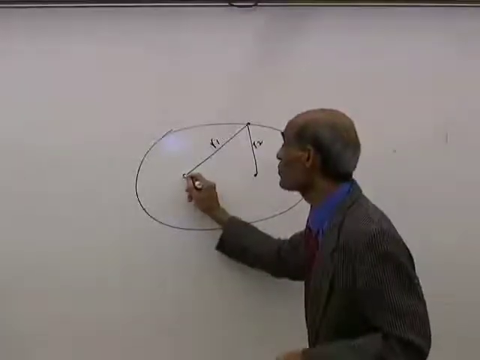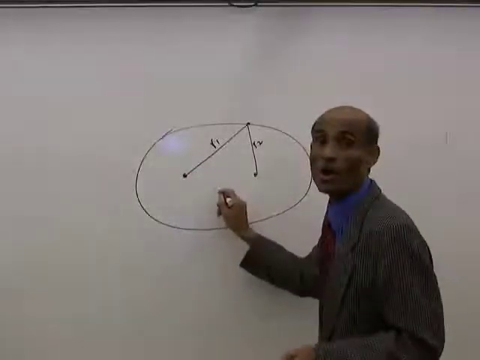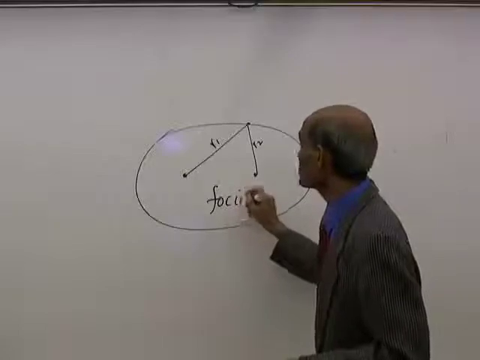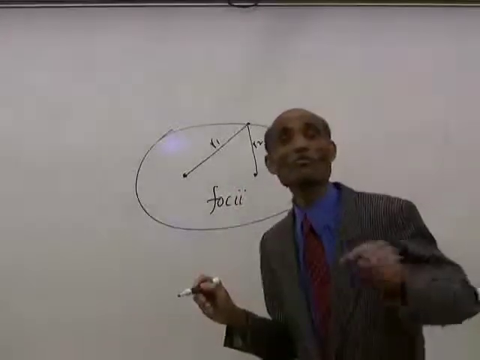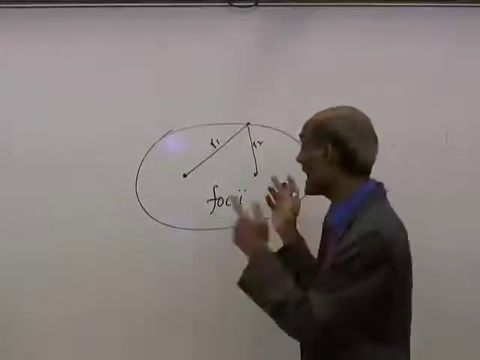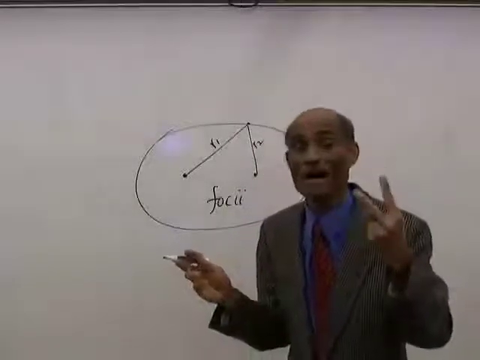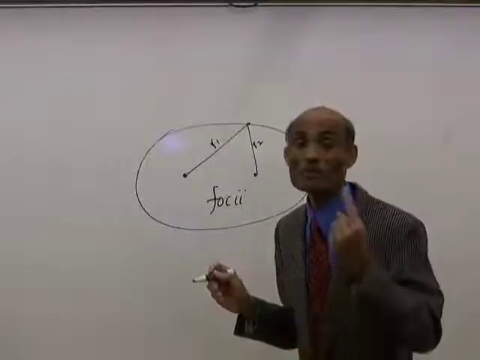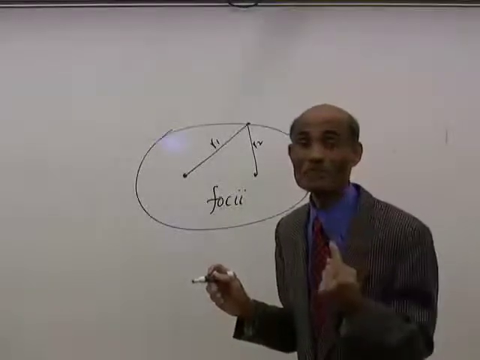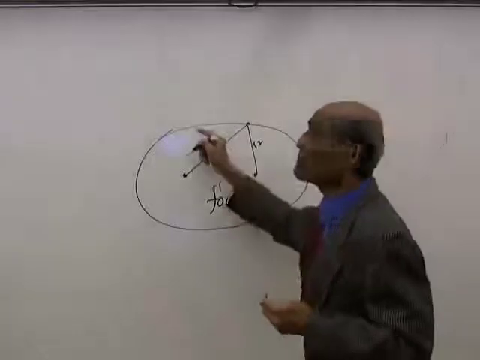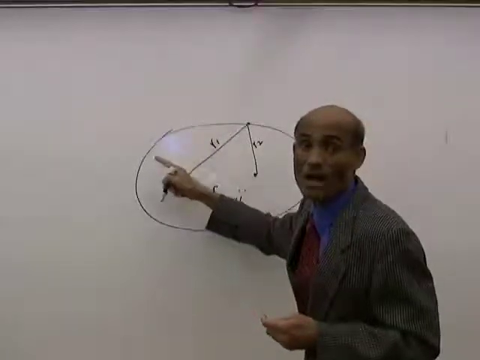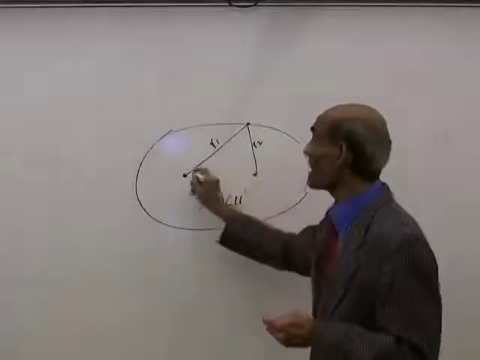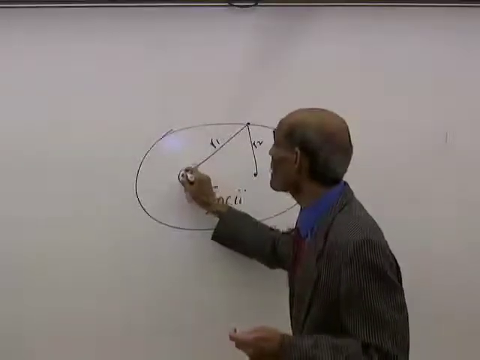And these two fixed points are called foci, which is the plural form of focus. So an ellipse has two foci. Now, what did Kepler's first law say? Kepler's first law said a planet moves around the sun in an elliptical path with the sun at one focus.